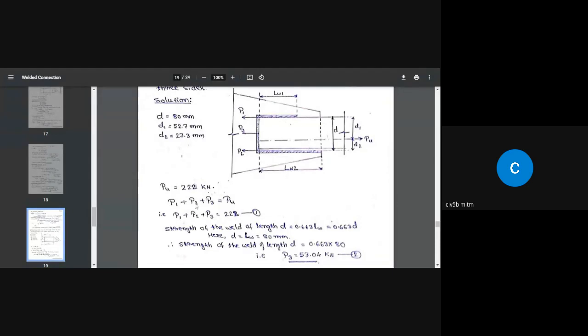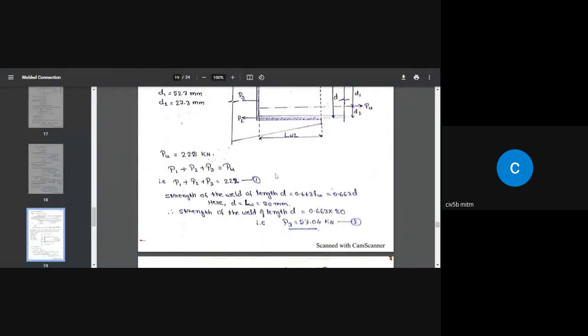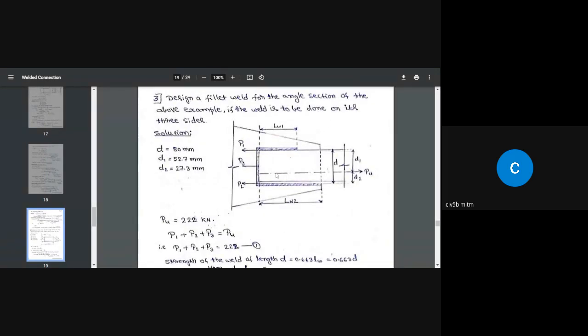So we have P1 plus P2 plus P3 equal to 222 kilonewton. Here we have 3 unknowns, but we have only 2 equations of equilibrium. What are the 2 equations of equilibrium we have? This is one equation, and the other equation is by taking moments of all the forces about this.